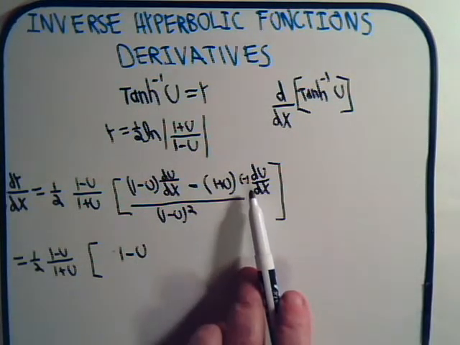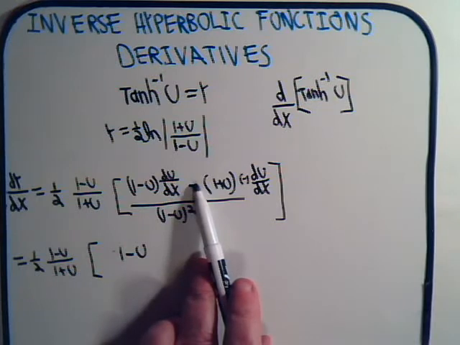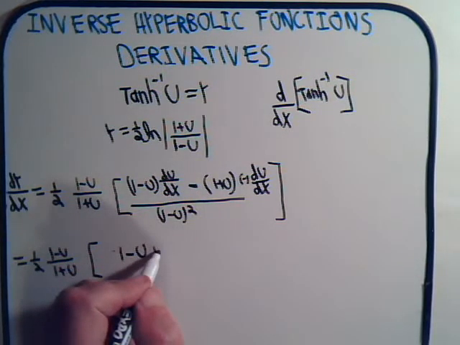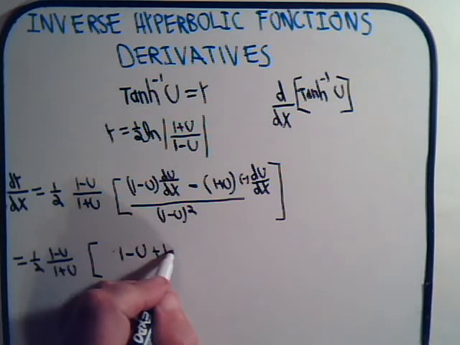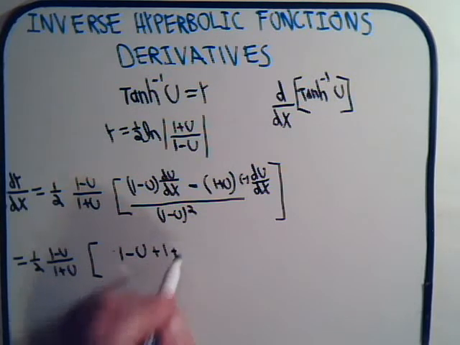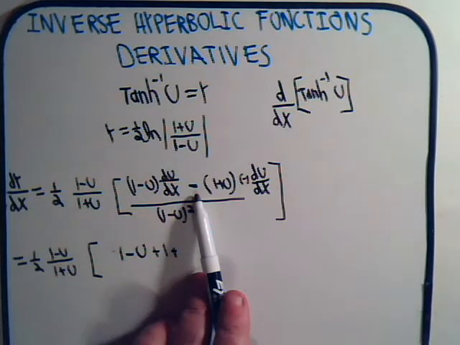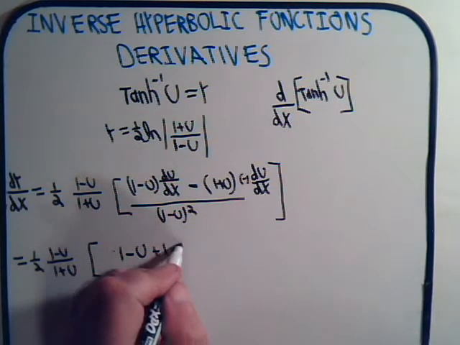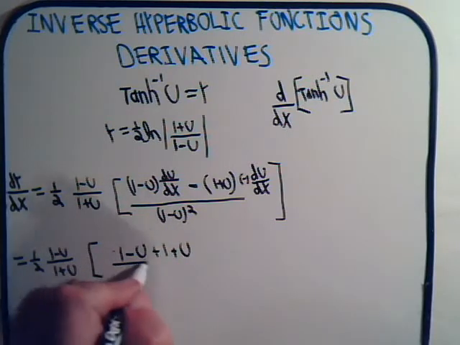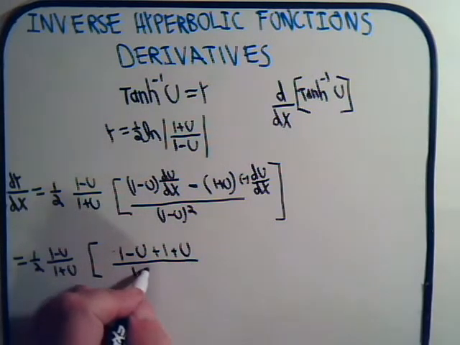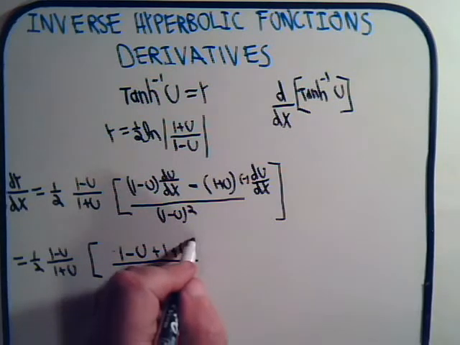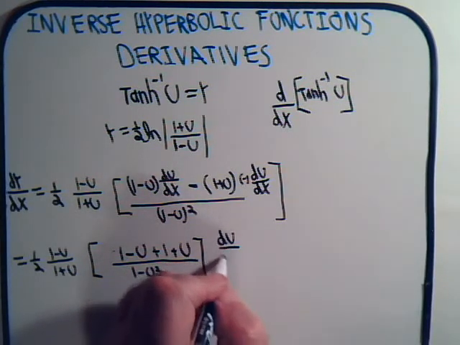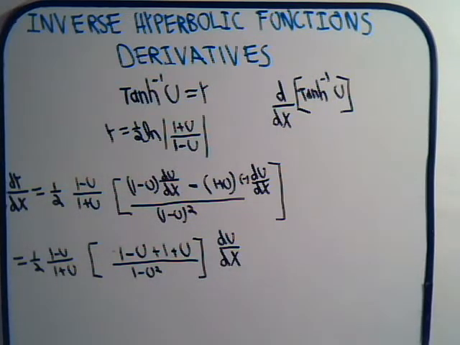And here we have a minus times a minus, so that's a plus. So we're going to have plus (1 plus u), divided by (1 minus u) squared, and this is multiplied by du/dx.